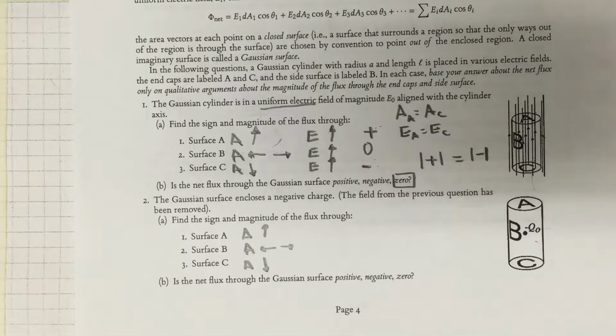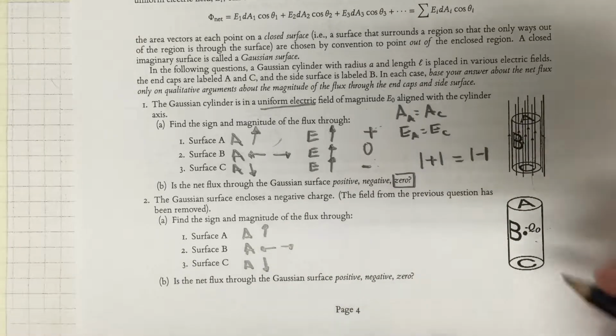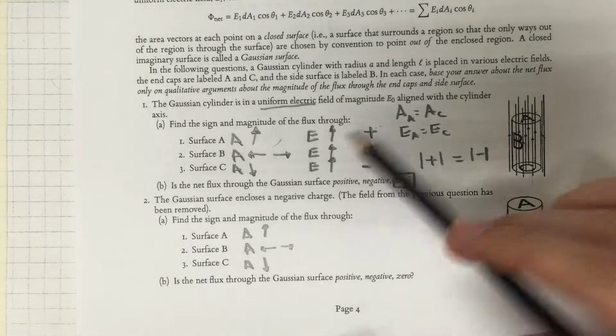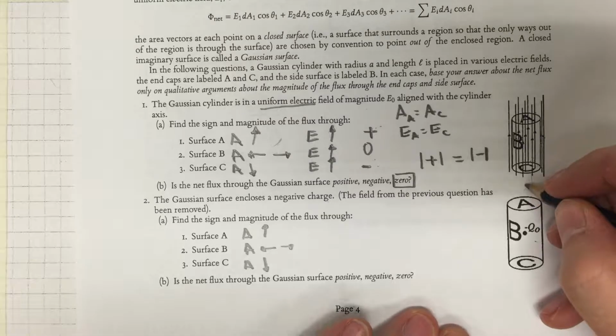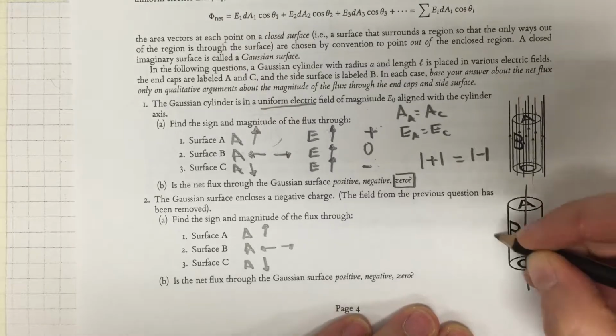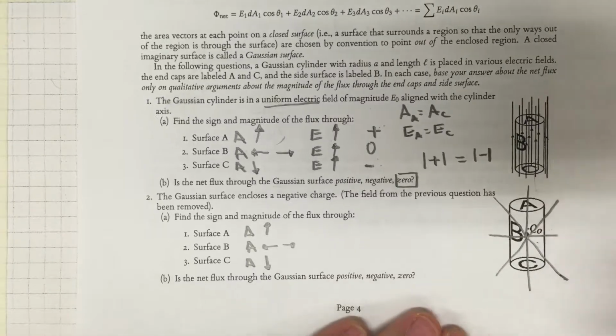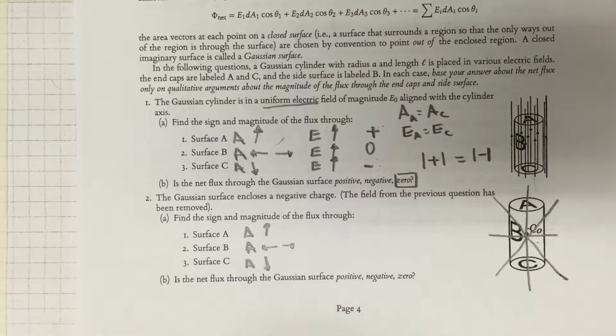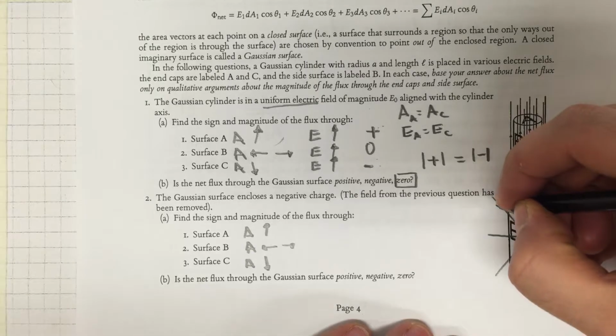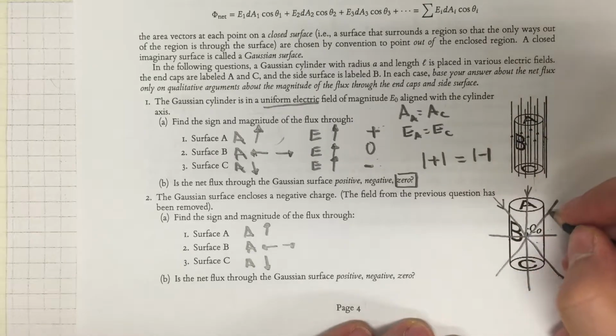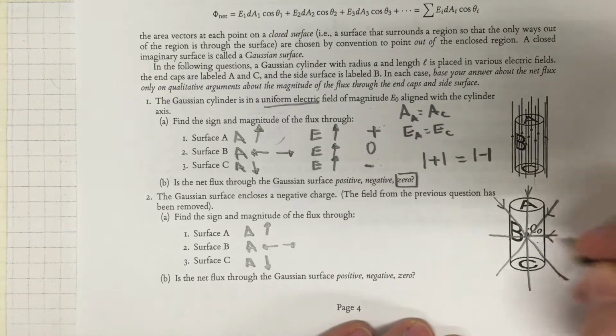Now, the next thing I want to do is draw some electric field lines so I can get a sense of what the electric field looks like at each of these surfaces. So I'm going to draw some representative lines. Now I know that the electric field lines for a point charge point radially inwards. And since this is a negatively charged charge, they're going to point towards the center.